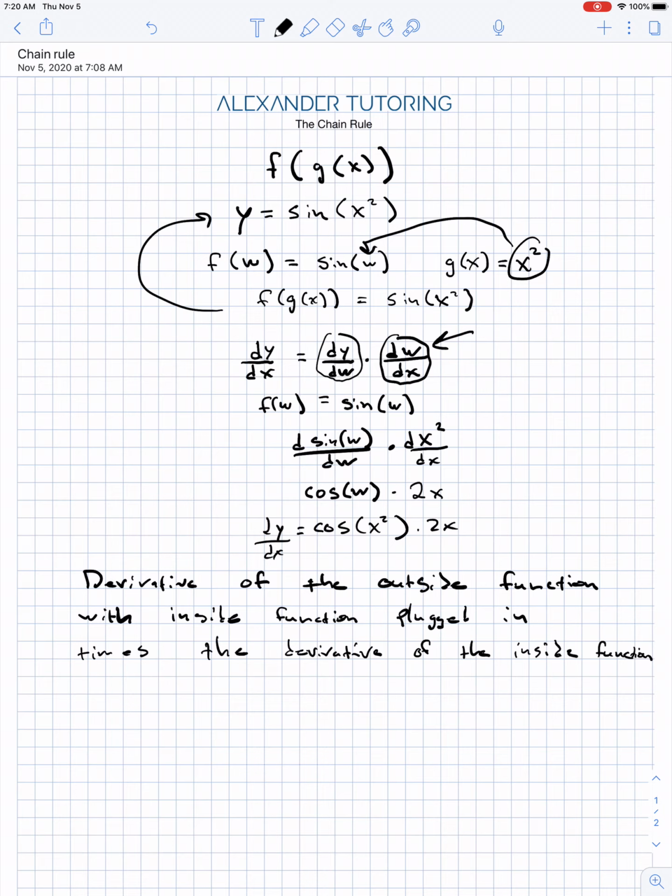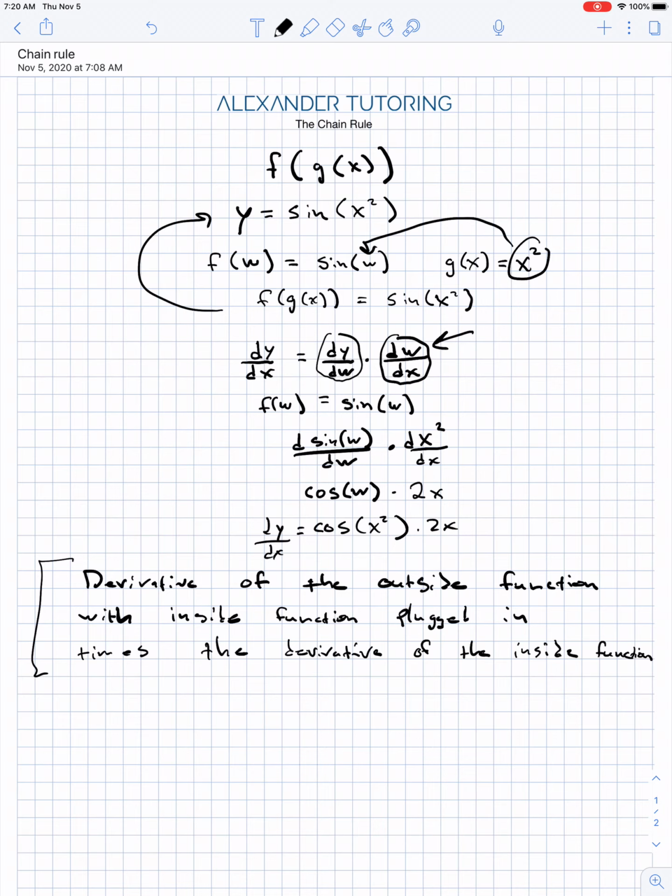You can all write this down. Okay, these words really help me. So I showed you where the chain rule comes from. It's a very simple way of splitting it up into two fractions. But for practicality, I like using these words. The derivative of the outside function with the inside function plugged in times the derivative of the inside function.